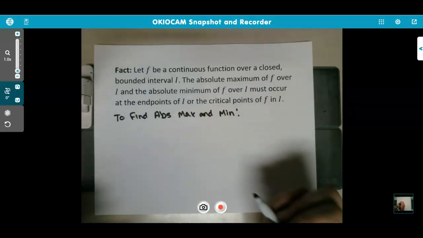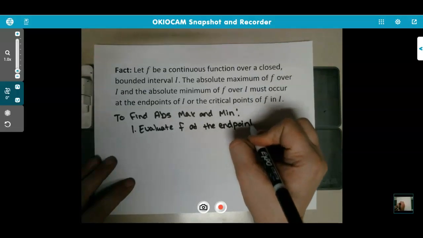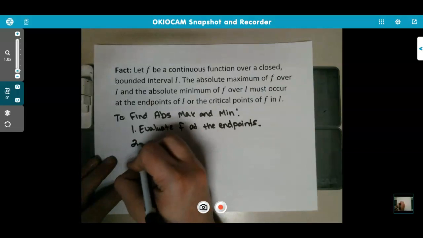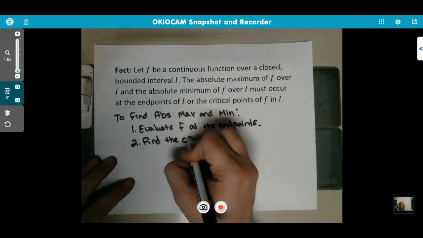All I do, first evaluate f at the endpoints, because remember we said it could be there. Could be there, right? Number 2, find the critical points, because we said it might happen there. Critical points.